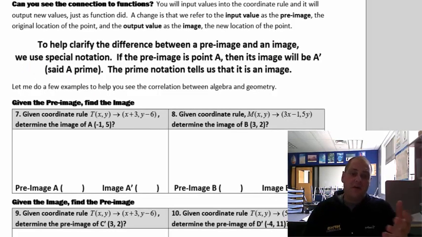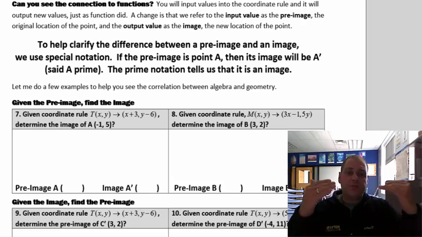So now, do you see the connection between the functions and the transformations? Because there's a rule. Whatever the rule is, you do the rule, you get an output. So there's an input, there's an output. With functions, you have input-output, the x and the y. In transformations, we have what's called a preimage and an image.